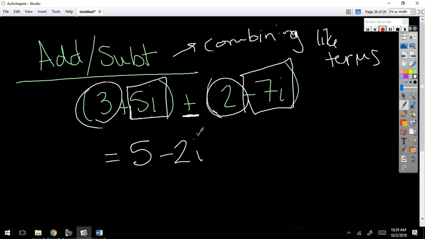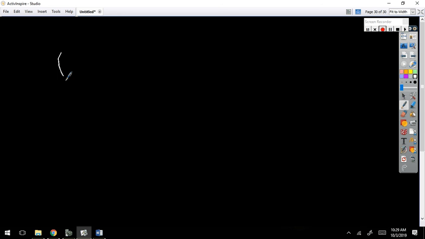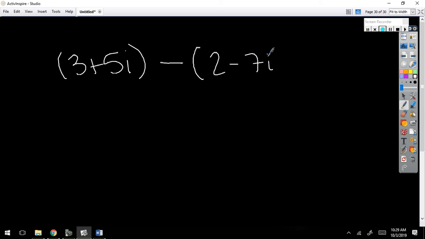Combine like terms. Now, if I had changed this around to subtraction, I'd have a little bit different problem. Minus 2 minus 7i. Because I'm subtracting everything in the parentheses, really I'm adding the opposite of everything.